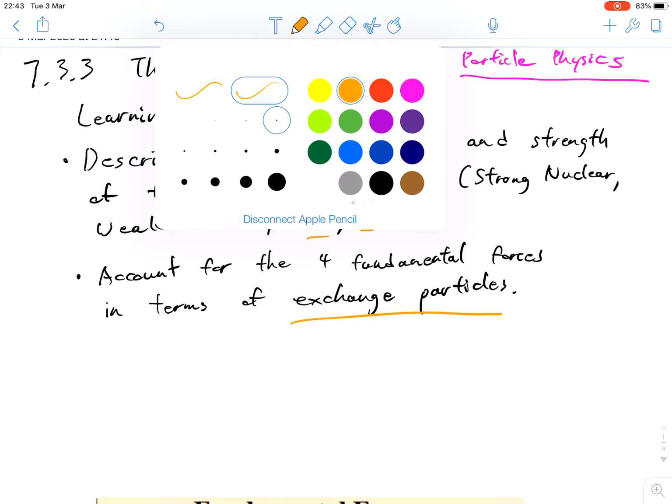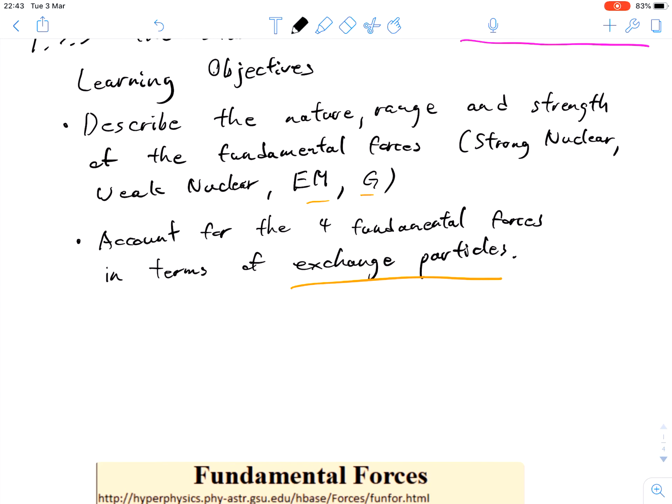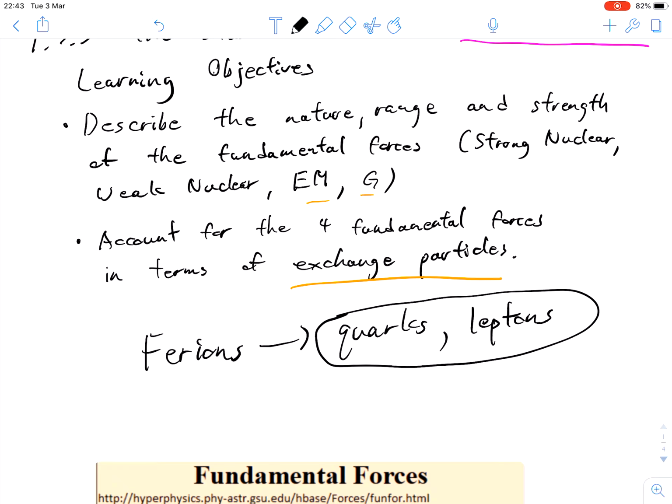First off, a little bit of background history: something called the fermion. Fermions are quarks and leptons. Quarks and leptons altogether form probably the smallest particles that we're able to discover and find.